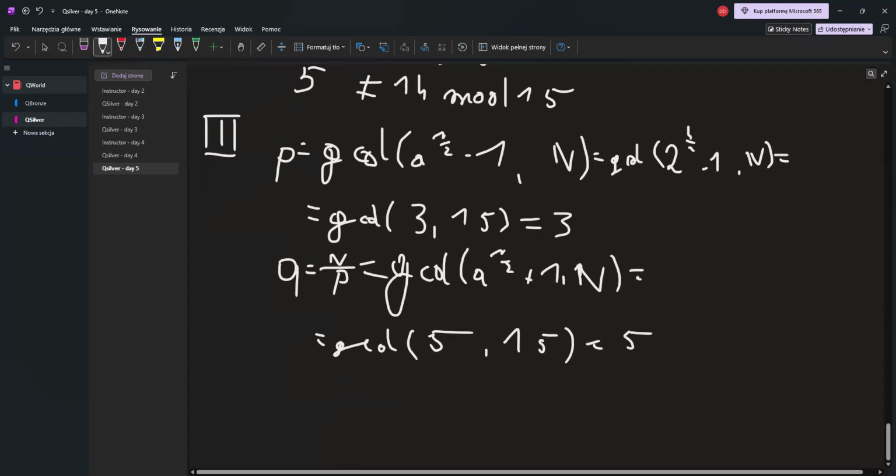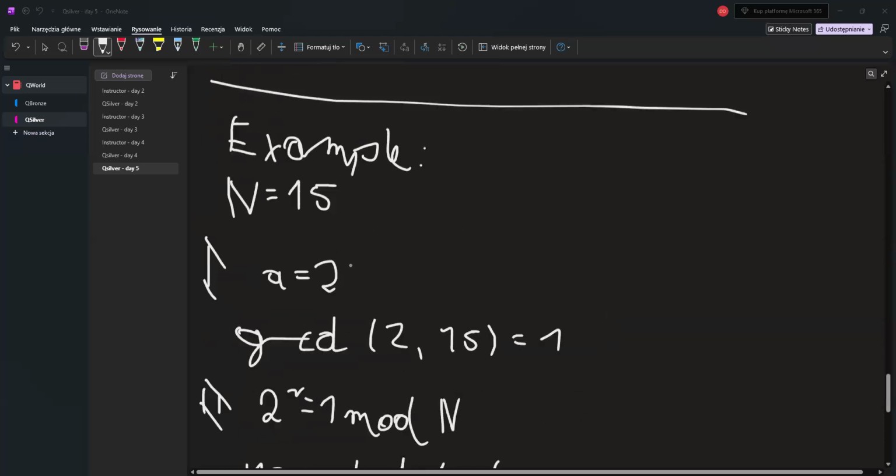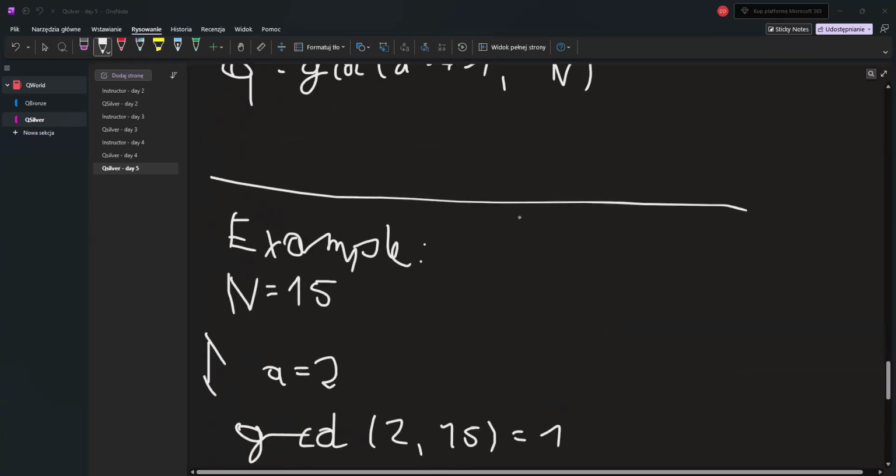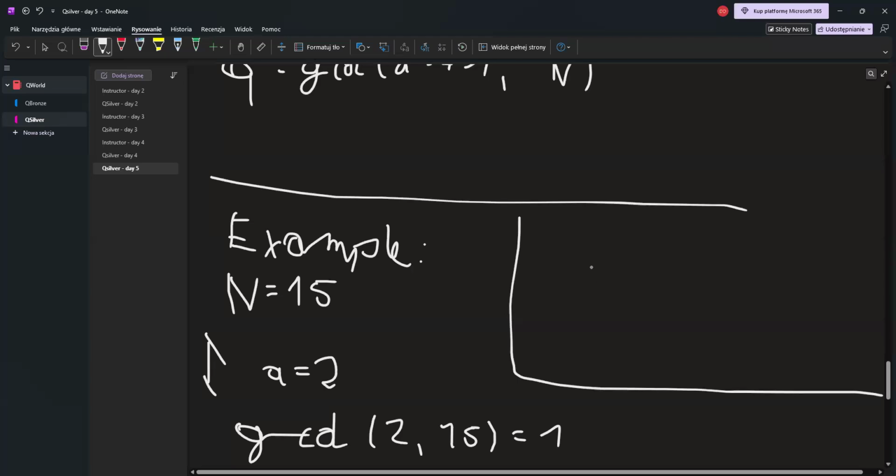Okay, and that's it. So maybe let me give you an example where we'll get some result instantly. And so now let me just show you what will happen if we choose this a randomly, yes? So I will make here a side note.